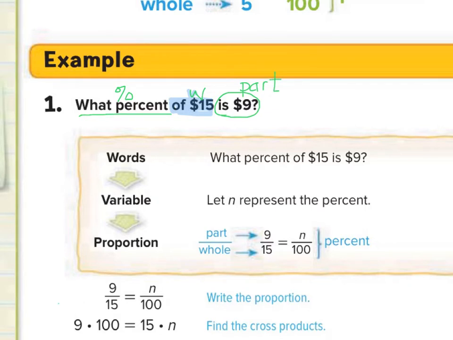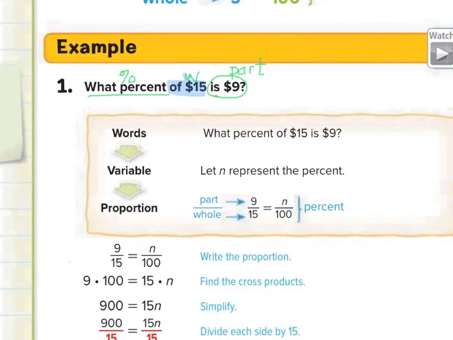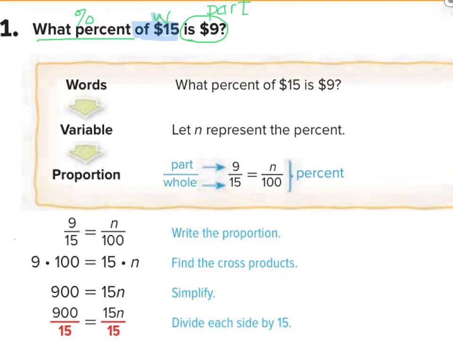Now, there are a few problems where the part will be at the very beginning of the sentence. So I'll point that out to you when we see that later. Okay, so we know what the whole is. We know what the part is. We don't know what the percent is because that's the variable that we're going to have to be finding in this proportion. So let's get it set up correctly here.